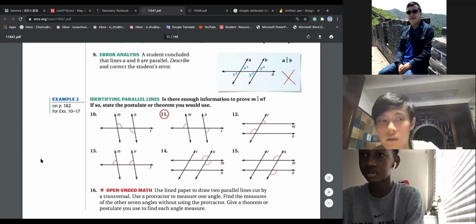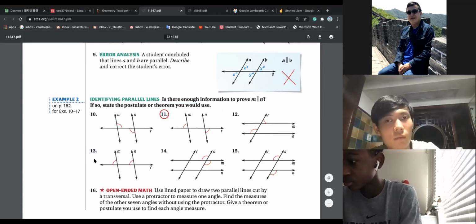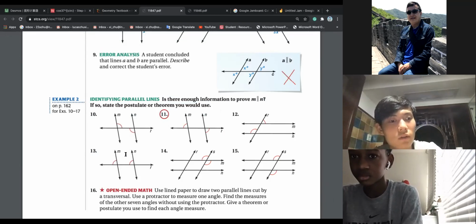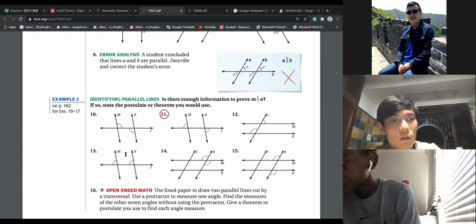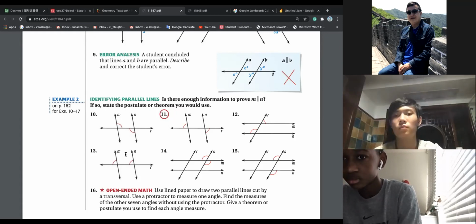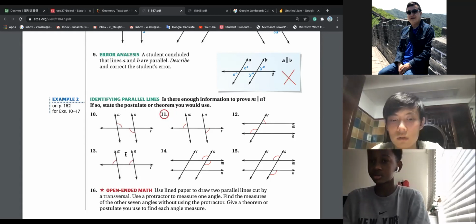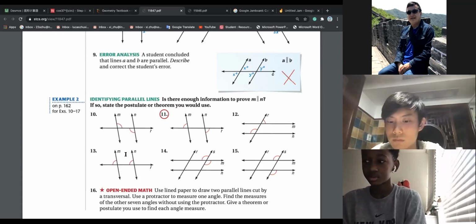Correct. How about 13? There's supplementary. Oh, sorry.